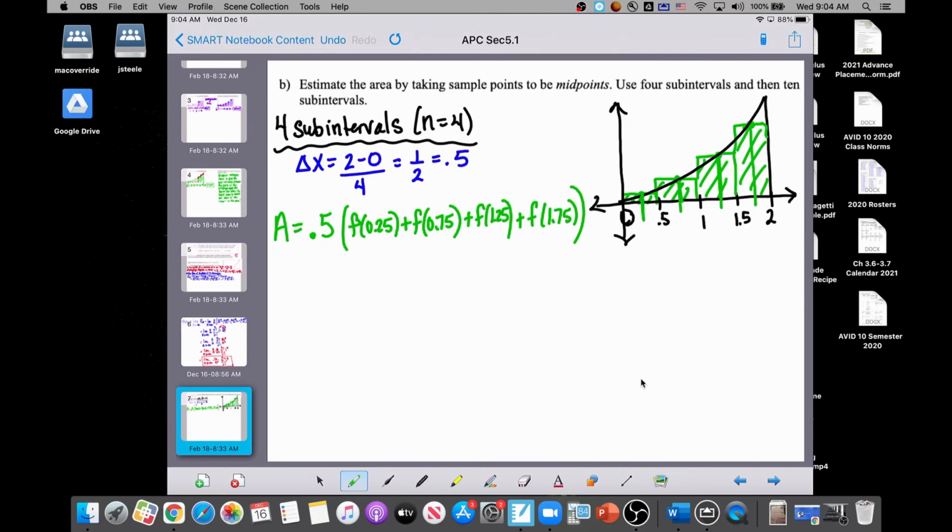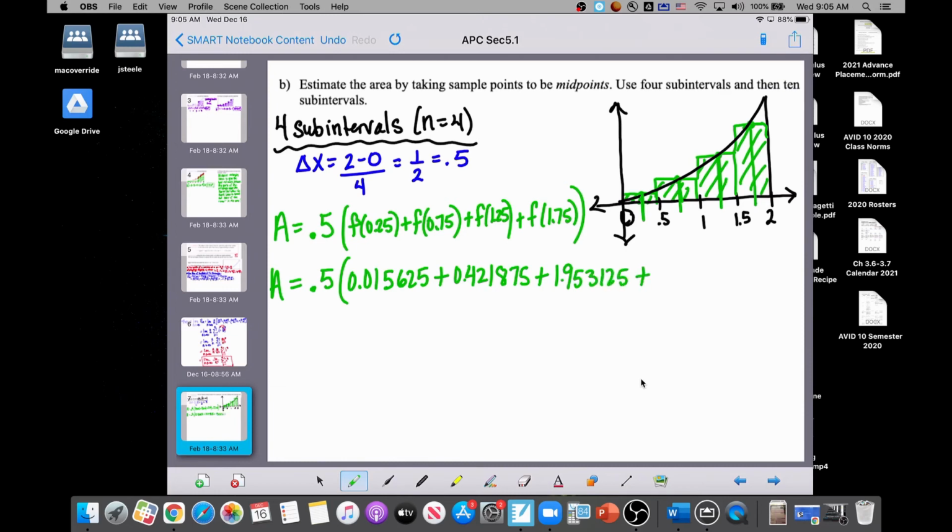So those values of the function, those heights, are 0.015625. I'm carrying a lot of decimal places because I want to be accurate. My second height, f of 0.75, is 0.421875. My third height, f of 1.25, is 1.953125.